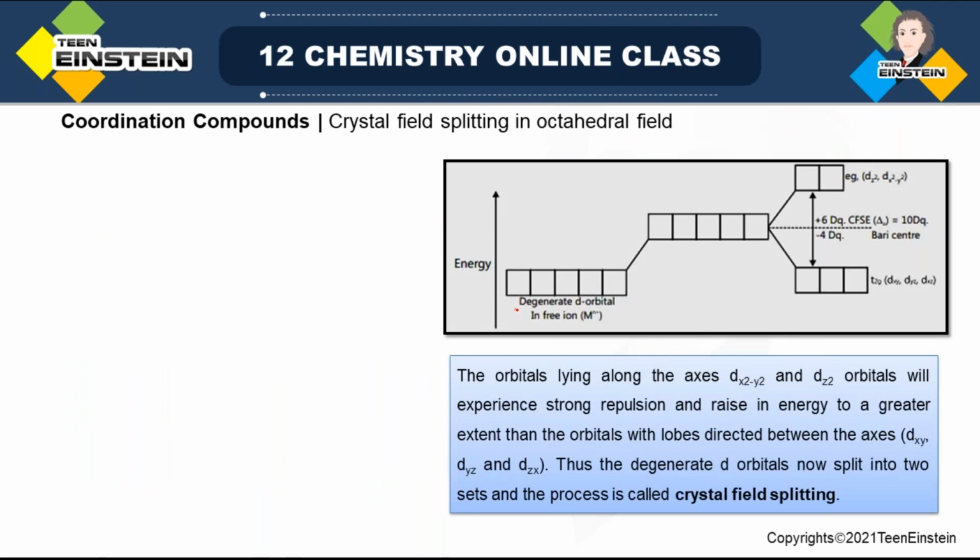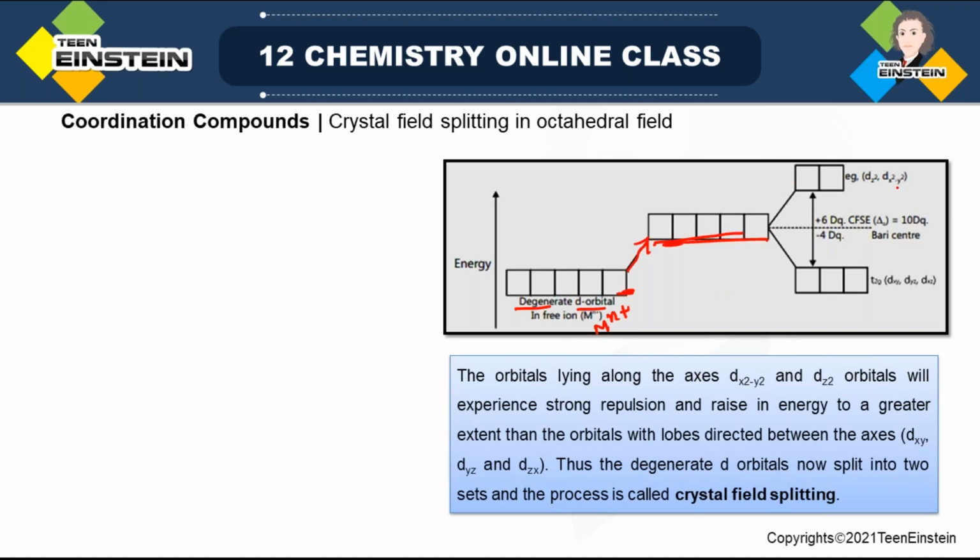So this is the degenerate d orbital when it is a free ion. That is, suppose it is Mn+, n may be any oxidation state. Now when ligands are approaching, the energy is slightly increased. But this is an imaginary case. See, here energy is increased, if this is the energy axis, compared to this situation, because now ligands are starting to interact. But still all the d orbitals are degenerate because we are now considering an ideal situation, which is actually not present.